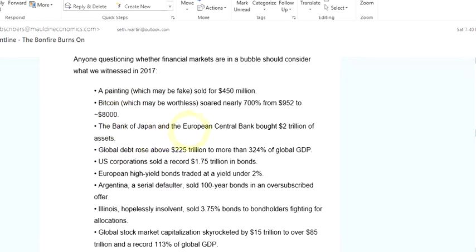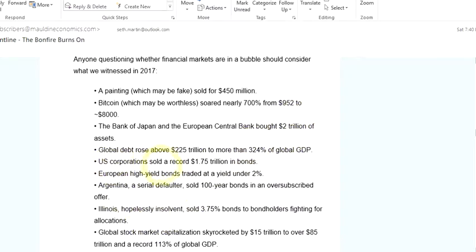The Bank of Japan and European Central Bank bought $2 trillion of assets. Now, most of these assets were mortgage-backed securities and sovereign bonds, but as I mentioned, some of it was stock also. Global debt rose above $225 trillion to more than 324% of global GDP.